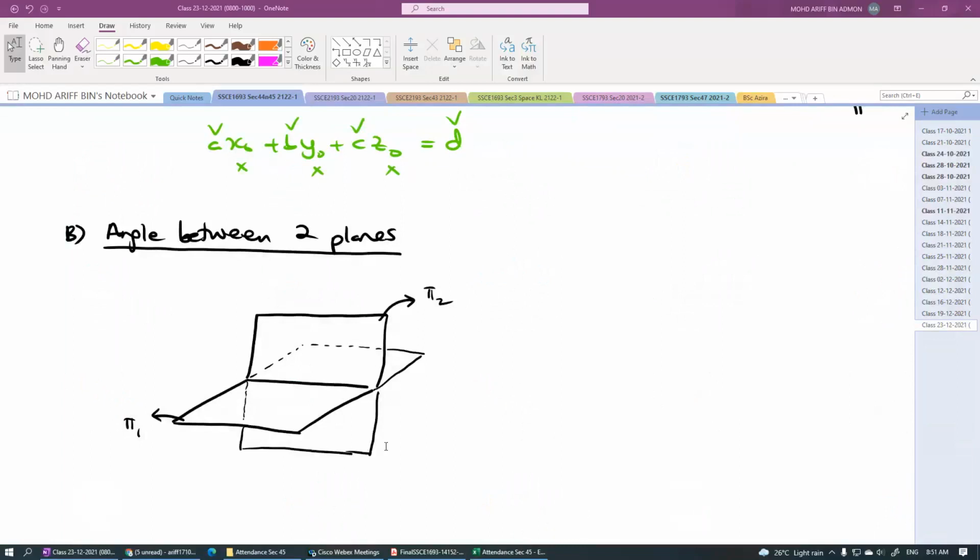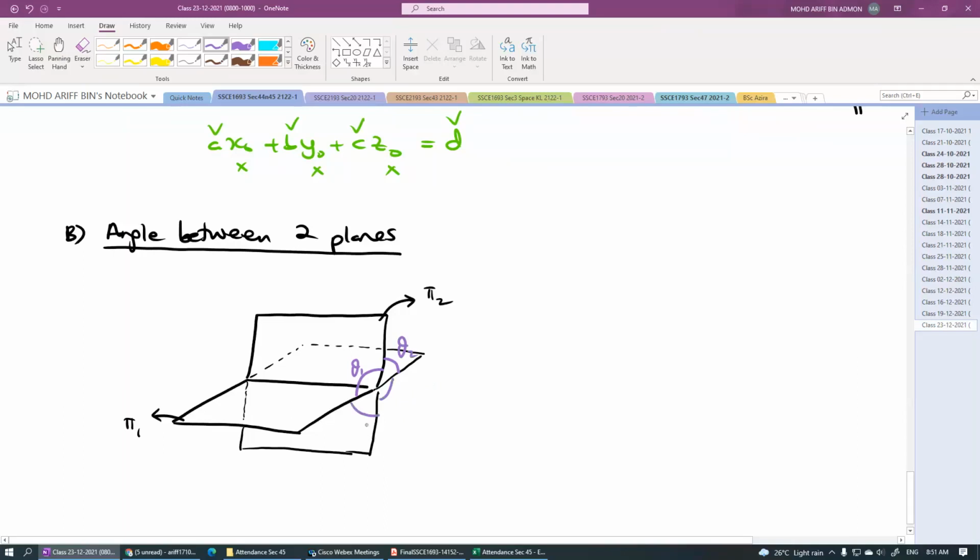So when we are talking about angle, angle means between these two planes, referring to this angle, theta 1 for example, or the angle at the back here, theta 2, or the angle down here, or the angle at this side.